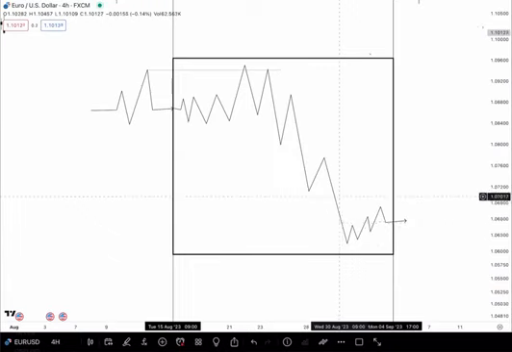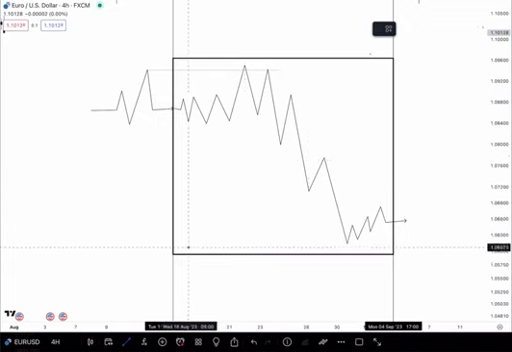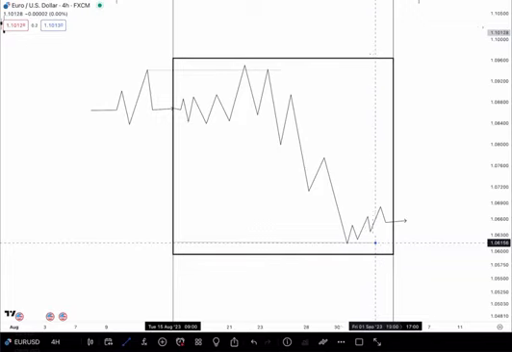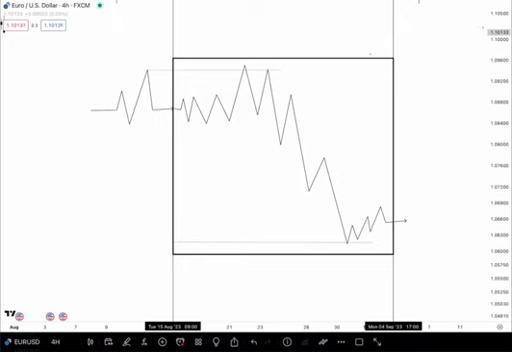And of course it bounces off the lower end of the range, also off of a key level and a liquidity pool, either an existing liquidity pool or a newly formed liquidity pool, right? That's the basic idea.